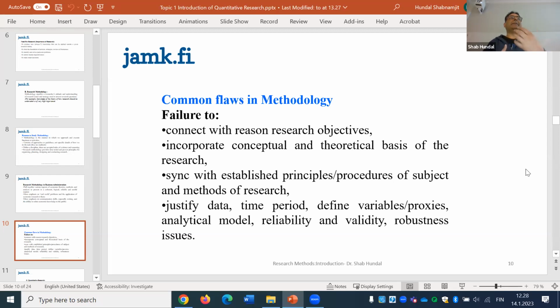But I'm taking the data either from 10 years ago or maybe just last year. So I can't make a pattern over time. So that could be a problem. So the point here is that there should be some logical, well-argued linkage between your research objectives and questions and your methodology. If not, then we are missing something.